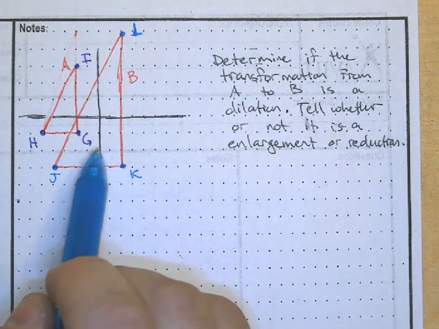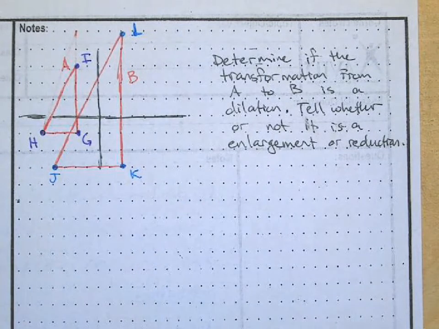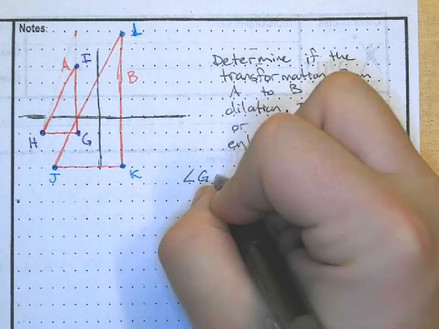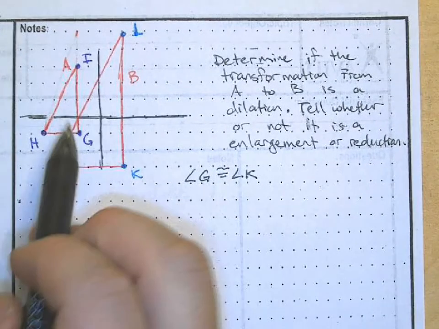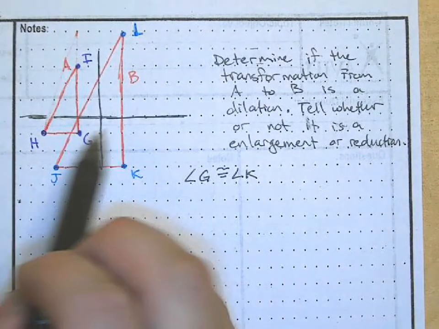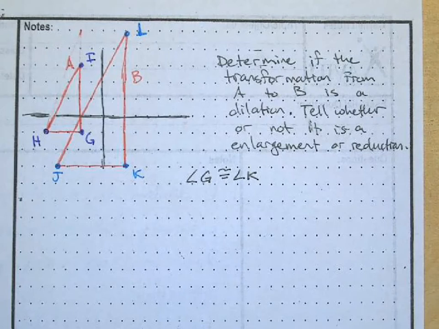So we already have our congruent angle where angle G is congruent to angle K. Now we just need to see if our corresponding sides are proportionate, and if they're equal ratios, then we can say the triangles are similar, and that's how we know it's a dilation.